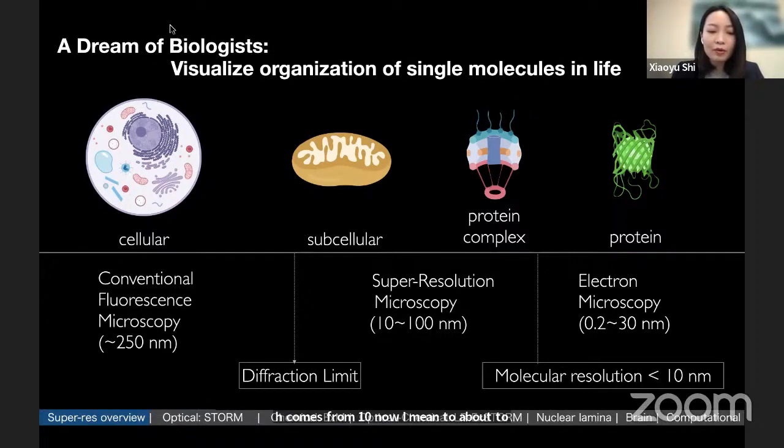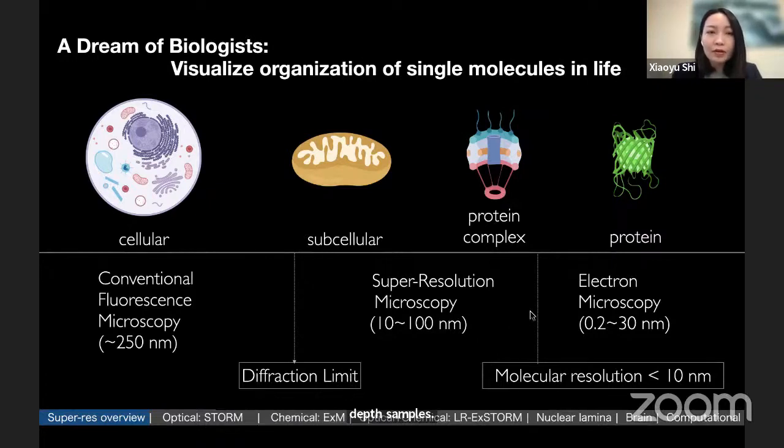If the microscope could achieve a resolution below the diffraction limit, it's called super resolution microscopy. But if you want to go further, for example, to track single proteins, single molecules in live cells or fixed cells, you go to the electron microscopy field, which gives you 0.2 to 30 nanometer resolution. And of course, electron microscopy currently primarily only handles the dead samples, the fixed samples.